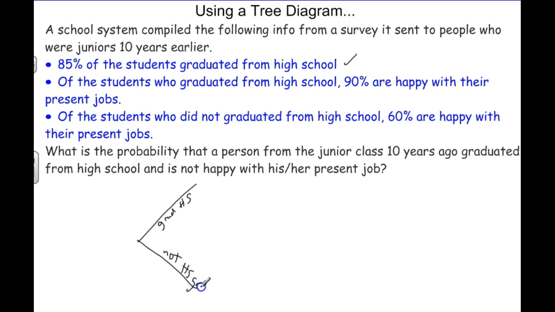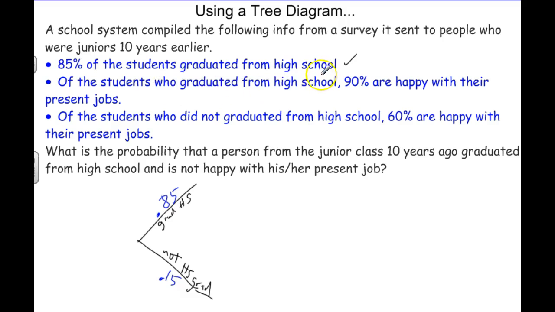So it's the opposite. You either graduated or you didn't. Those are the 2 options. The probability of this happening is 0.85, 85% of folks. Which means by default, it doesn't say it, but you know that 15% did not graduate high school.